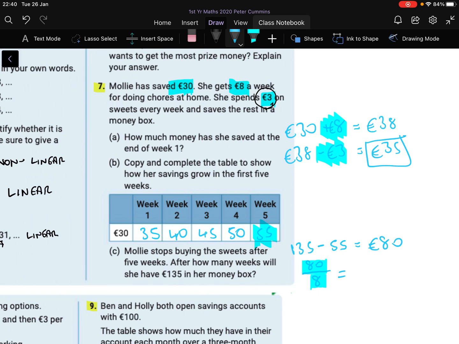We divide that in, and it's going to take 10 weeks. Okay, so after how many weeks will she have 135 in her money box, is going to take 10 weeks. Okay, fair enough.